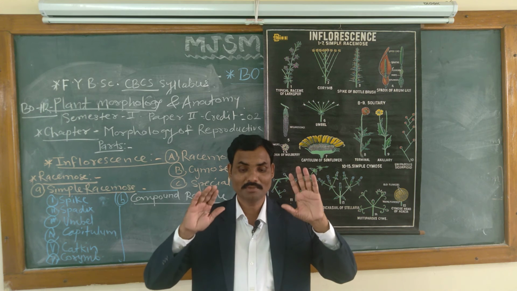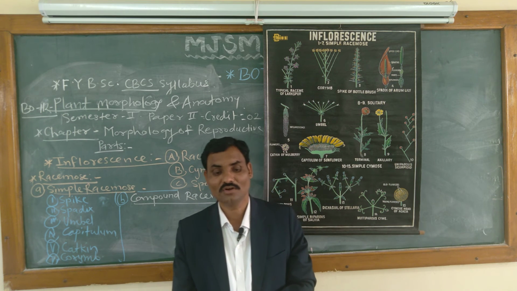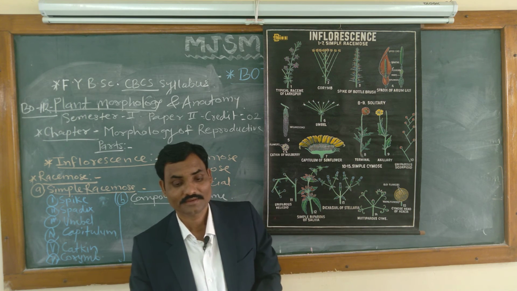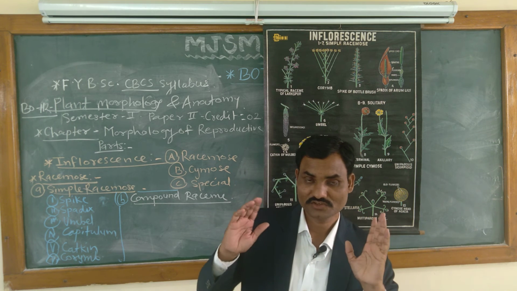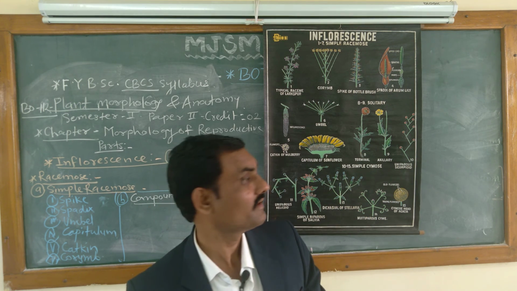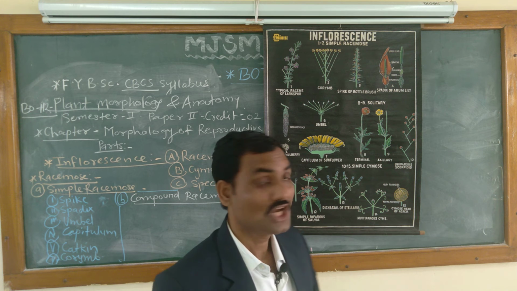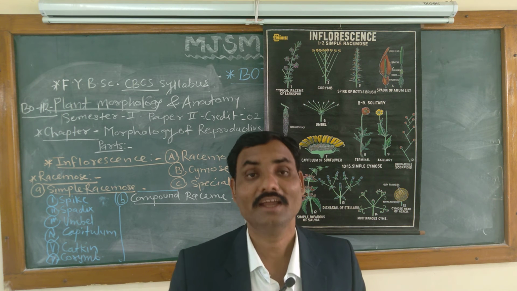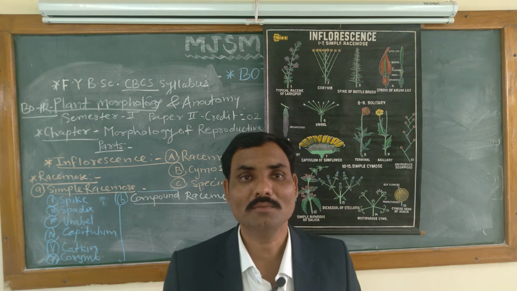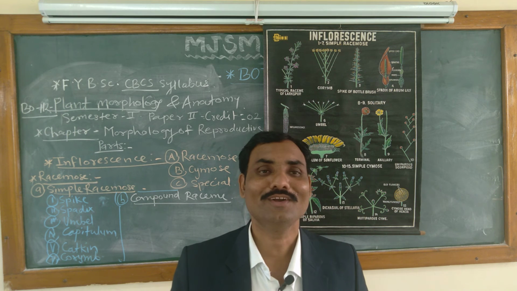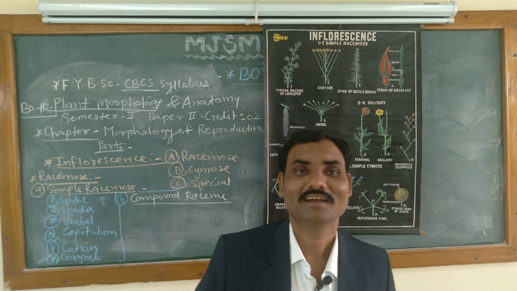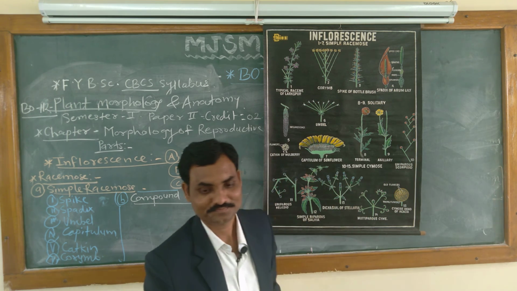Each umbel is surrounded by a whorl of bracteoles called involucel, and the entire inflorescence is subtended by an involucre. Examples are coriander and carrot. Carrot is an example of compound umbel.